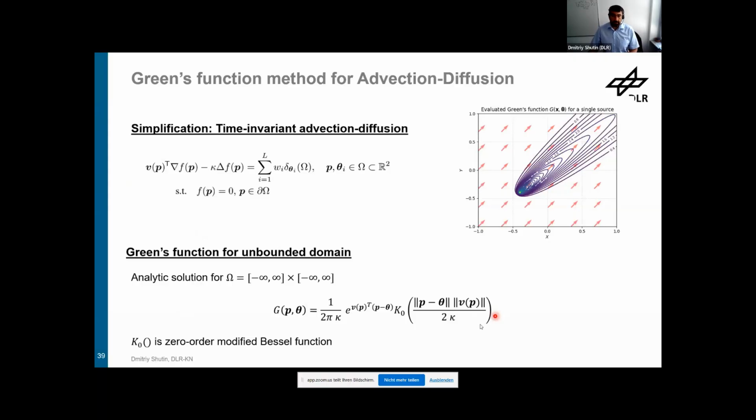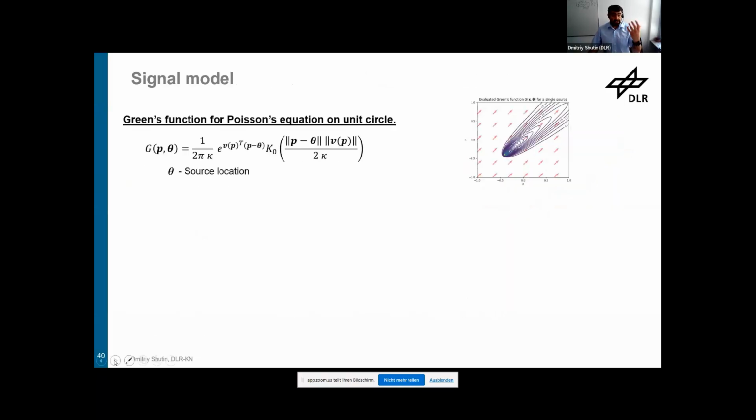It has a relatively complicated form, but it's a form that you can still compute analytically, and you could see how a response of this function will look for a single source. So you have a source here, and you see these contour lines that describe how the concentration changes in space. And you can then use this Green's function as a solution.